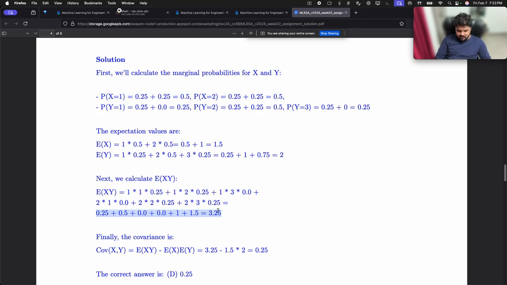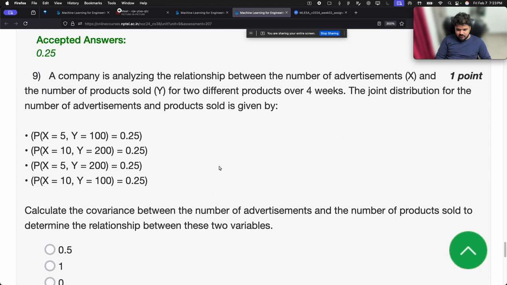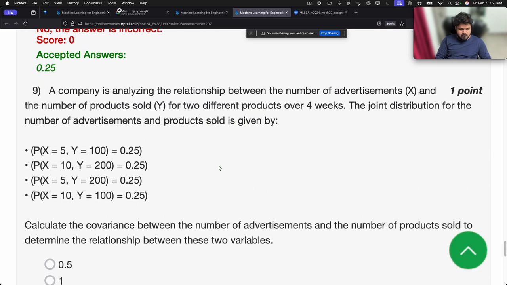We ultimately get this value, and then we just compute it. Very simple. Just put it in the formula, you get the answer. Okay, any other question?